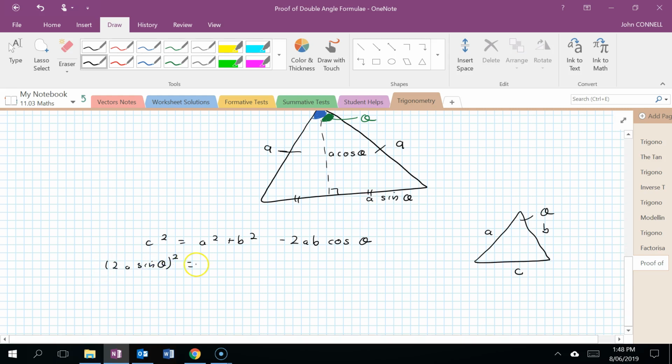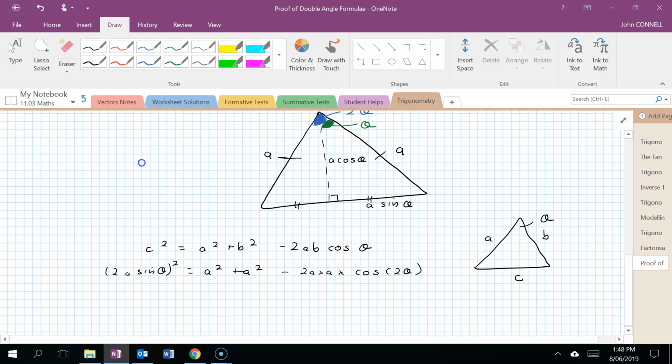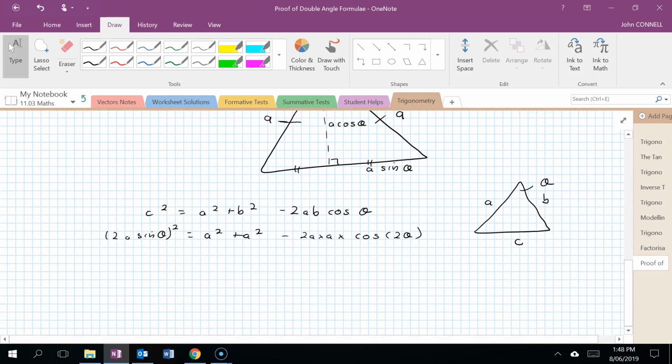So we're going to square that, and then we've got A squared plus A squared. There's the two sides that are the same length, and it's going to be take 2A times A cos of 2 theta, because the angle between the two equal sides is 2 theta. So now I get 4a squared sine squared theta is equal to 2a squared take 2a squared cos 2 theta.